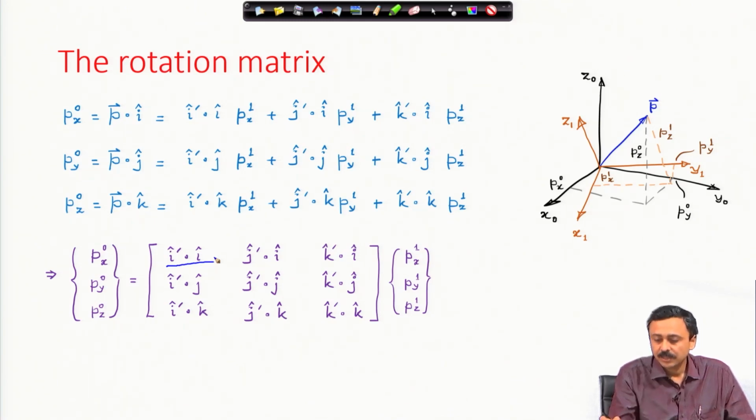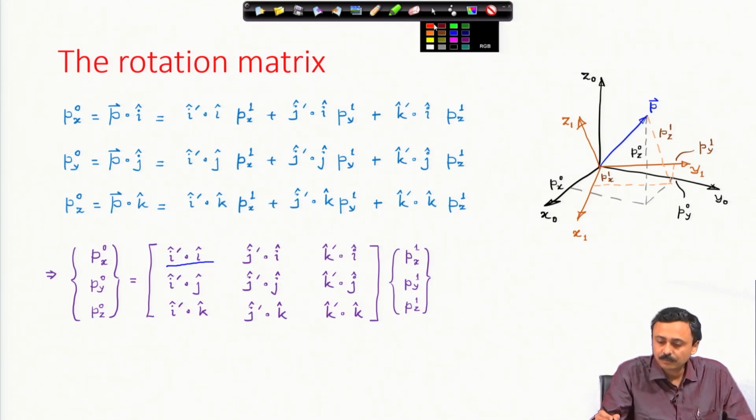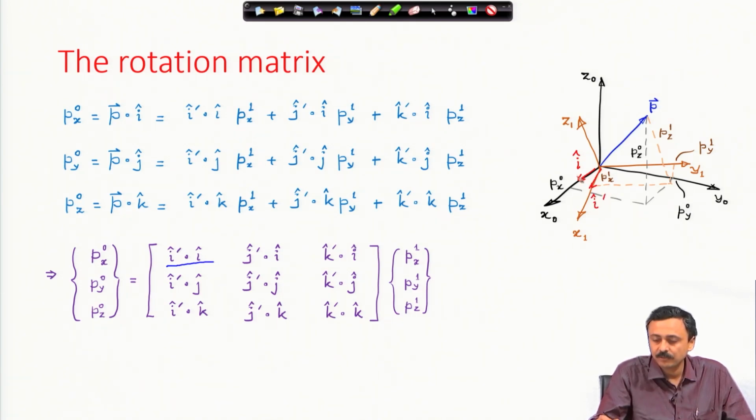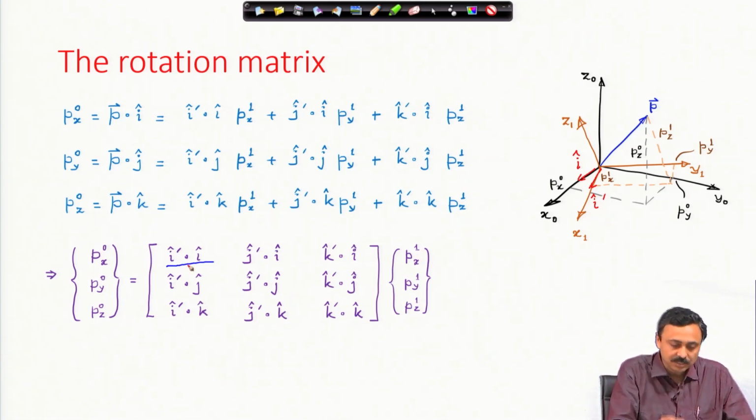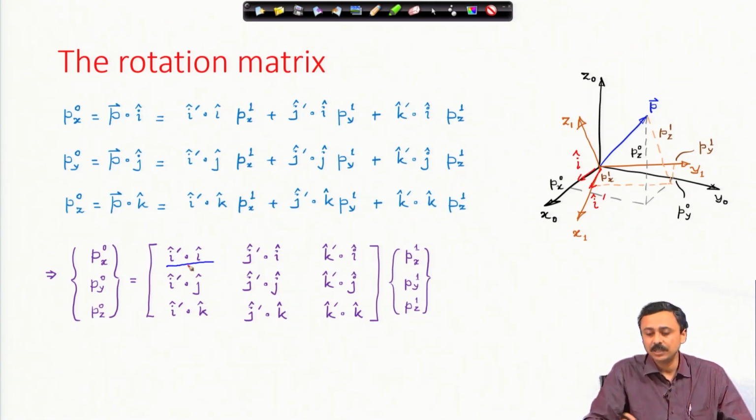What does it mean? Unit vector along this is i cap, unit vector along this is i cap prime, and if you take the dot product of two unit vectors, it gives me the cosine of the angle between these two vectors. Therefore, this is the cosine of the angle between x 0 and x 1.